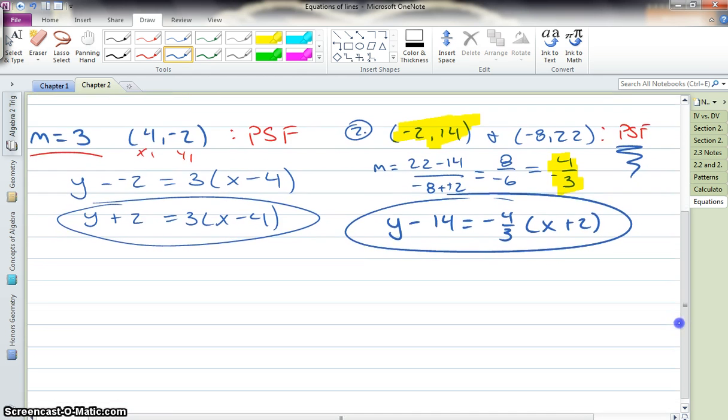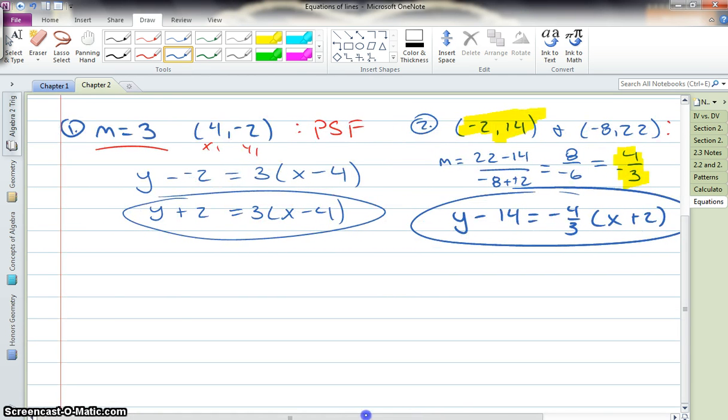Alright, so point slope form is the easy one. Now, if I said you had a slope of 1/2 and passes through the point 0, -12, and I wanted it in slope-intercept form. Alright, in order to write in slope-intercept form, we need a slope. We got that.